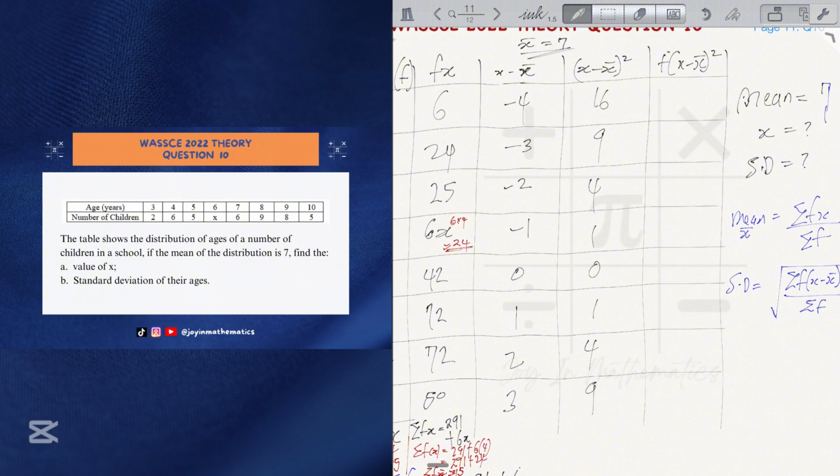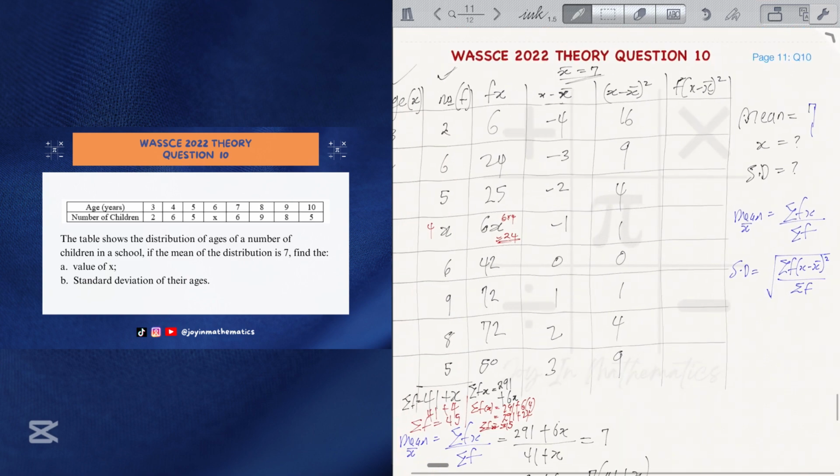So now we want to multiply the frequency by this column. So this is the frequency here: 2, 6, 5, 4, 6, 9, 8, and 5.